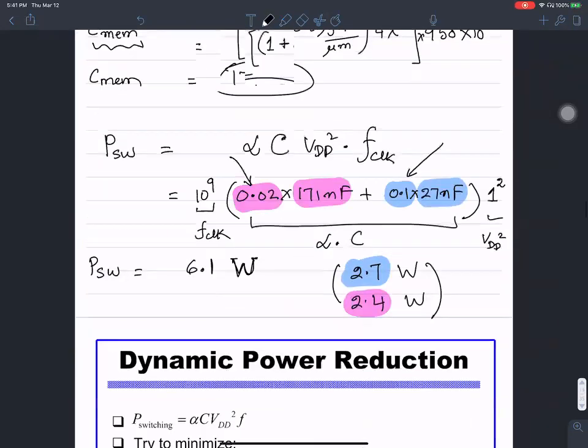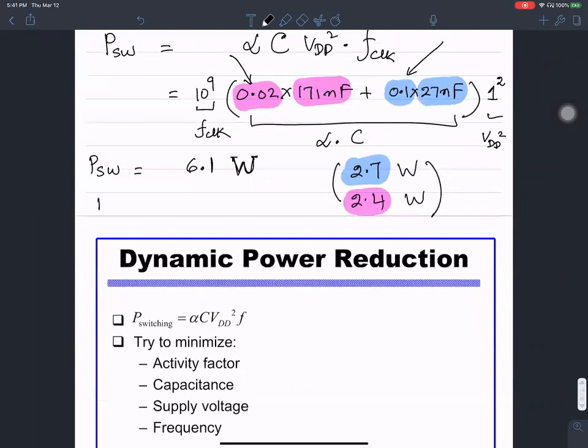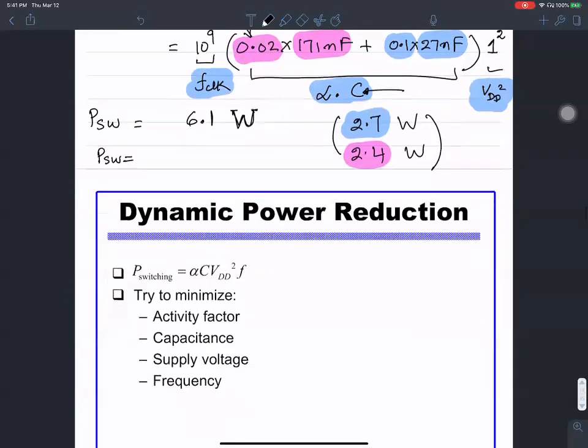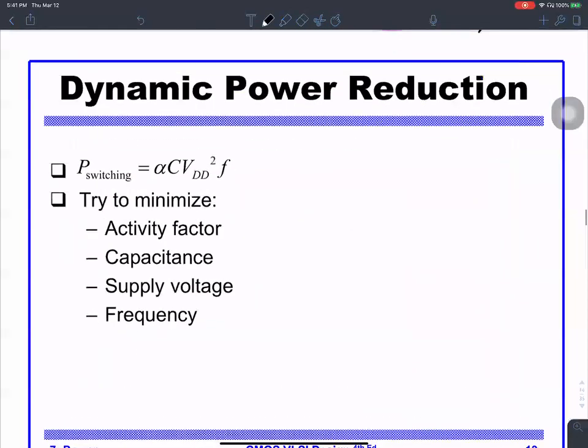So all I have done is to calculate the value of P switching using the F clock, alpha C, and VDD squared. The only calculation involved was in arriving at C from the different pieces of information. For dynamic power reduction, we try to minimize the activity factor or the total load capacitance.